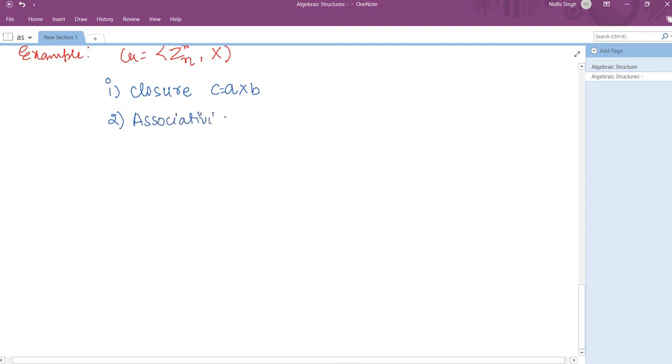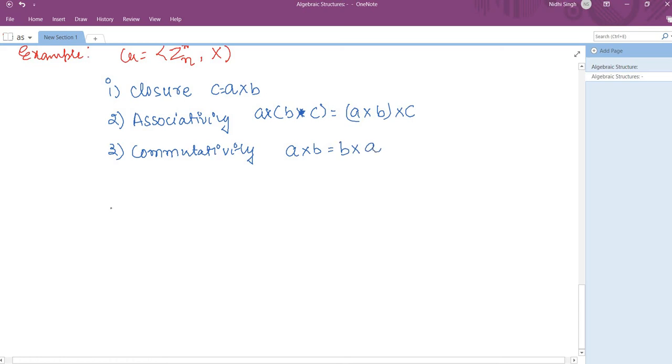Yes, this property will also hold, since if we perform the multiplication this way, we can get the same result. Now the commutativity. For commutativity, A cross B will also equal the reverse process, that is B cross A.